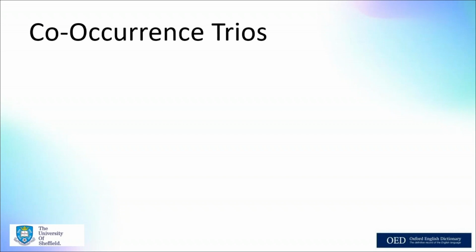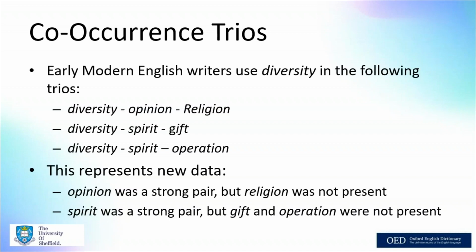So this was new. And of course, building from pairs to trios, the size of the data increases exponentially. And that's one of the prohibiting factors for a lot of projects in doing this type of work. But we've harnessed high performance computing in order to look at trios for every content word in EBO TCP.